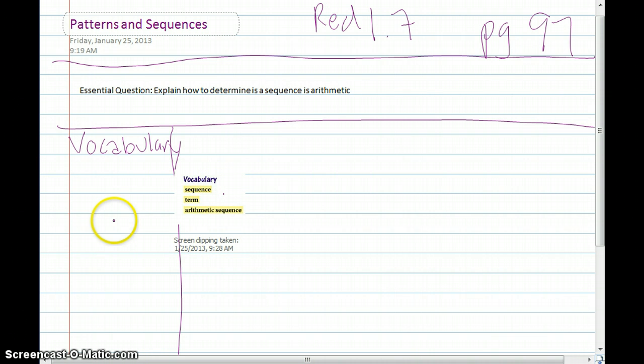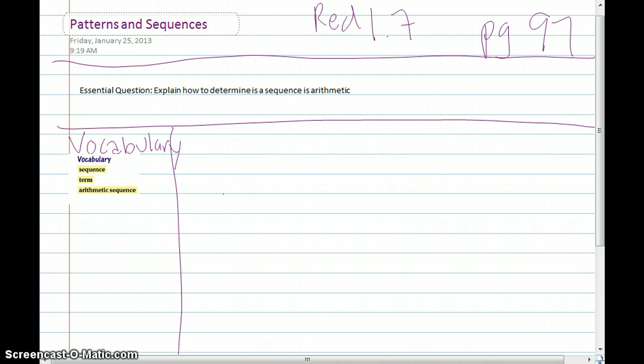You want to write these over on the far left side of your screen. Alright, so sequence, term, and arithmetic sequence. A sequence is going to be an ordered set of numbers where each number in the sequence is called a term. So if we have the first sequence, looks like this. We have 1, 3, 5, 7.